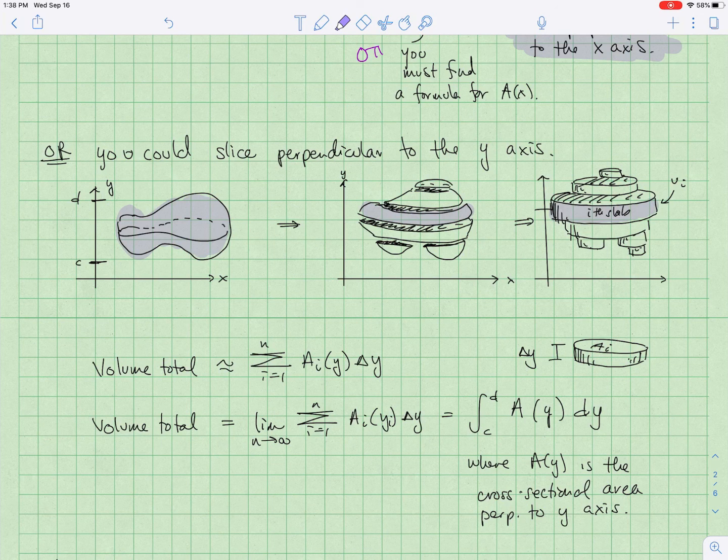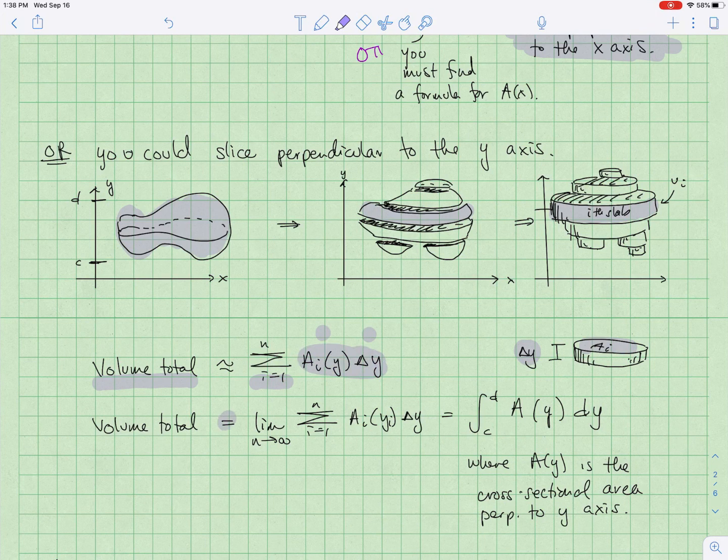Since I'm slicing it perpendicular to the y-axis, the thickness is going to be delta y, and this cross-sectional area I have to find is going to be an actual function of y this time. The rest of it is the same. The volume is approximately the sum of all those slabs, which is the base times the thickness.